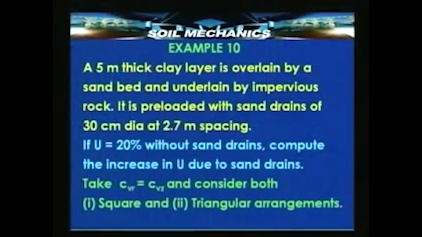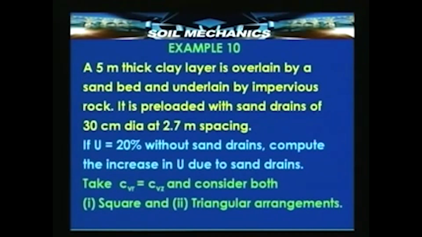Let us take a couple of examples on radial consolidation now. Examples 10 and 11 will be on radial consolidation. Let us read example 10. There is a 5 meter thick clay layer, and above that a sand bed, and below that an impervious rock. Immediately the indication is that it is a one-way drainage situation.